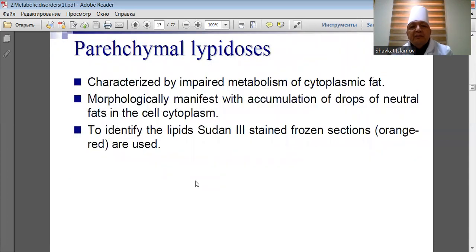Parenchymal lipidosis is characterized by impaired lipid metabolism of the cytoplasm. Morphologically it manifests with accumulation of fat droplets in the cell's cytoplasm. To identify the lipids, Sudan 3 stained frozen sections are used.